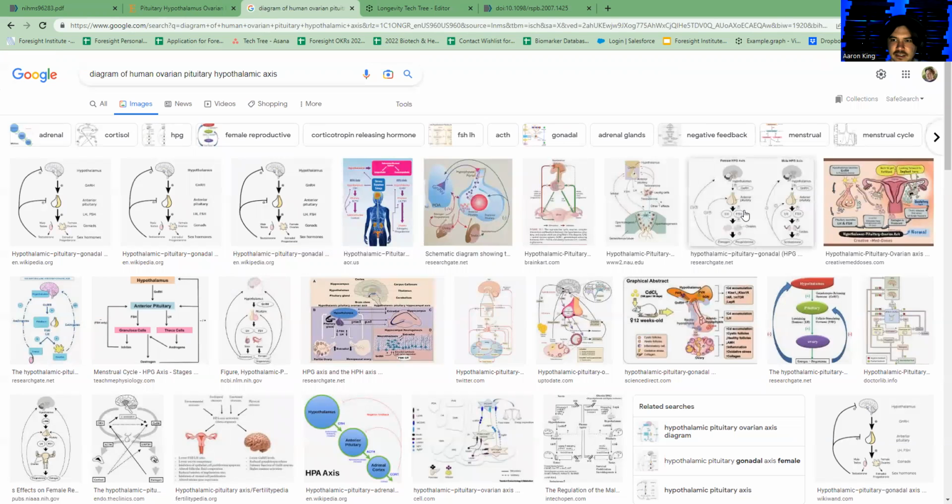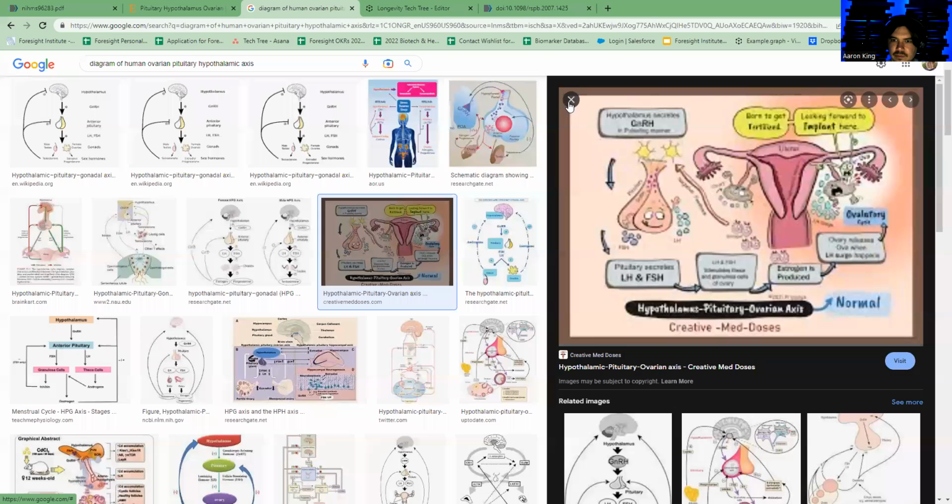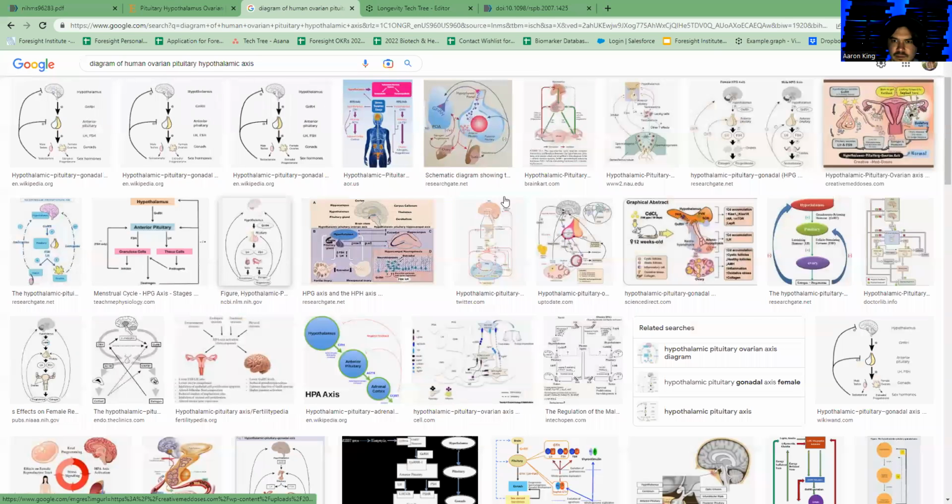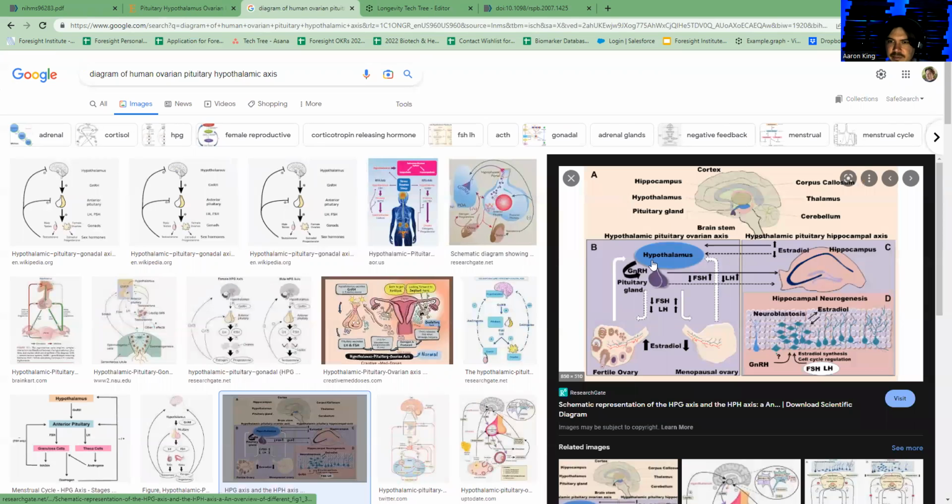Wow, fantastic. This is better. Menopausal ovary. Hypothalamus, pituitary gland, so GnRH.